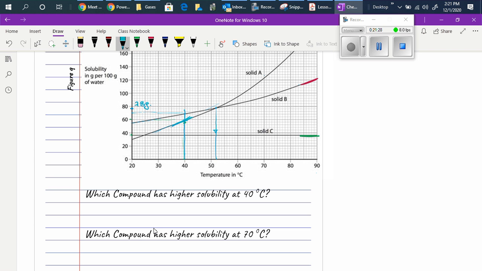So this is A and this is B. B is having probably 70 grams in 100 grams of water, while A is having 60 grams. So we can say that the higher solubility at 40 degrees Celsius is B.